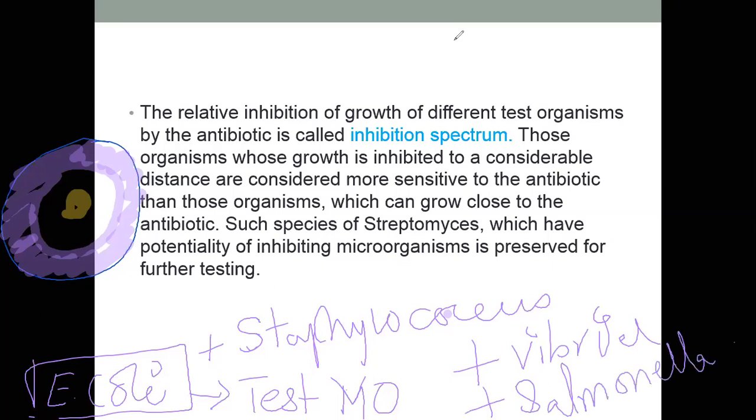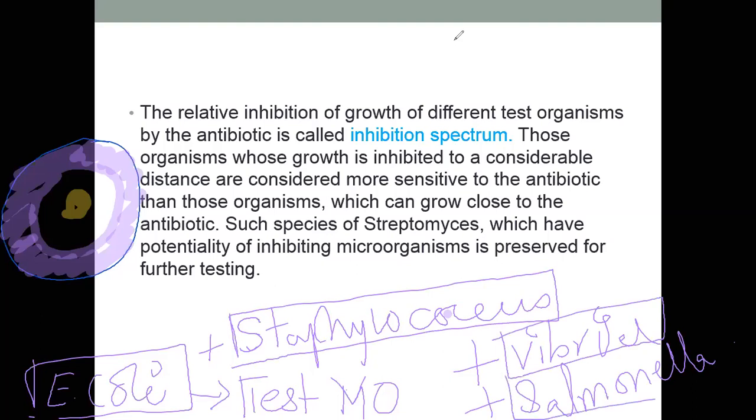So when you're testing different microorganisms, and you have done the same procedure for this one, number one, for this one, for this one, and for this one. If you have done testing for different kinds of test organisms, and you measured the zone of inhibition for each one of them, in the end you are going to get an inhibition spectrum.